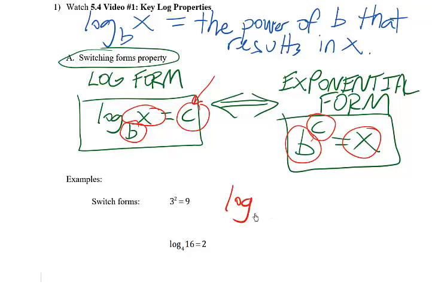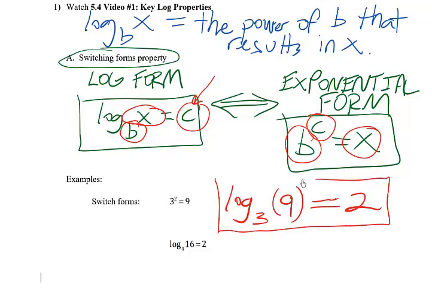As a subscript, a little bit below, comes the base. The base in this problem is 3. Next to the log on the main line comes the result, the 9, and the logarithm itself is equal to the power. This statement also says 2 is the power you would have to put on top of 3 to get 9. This is the log form of this equation.